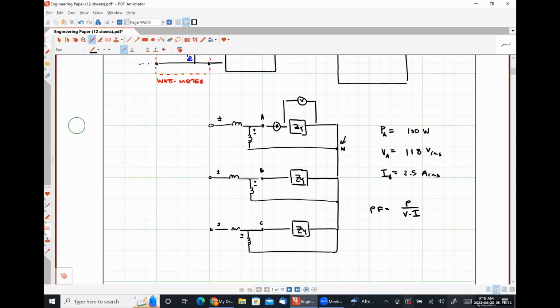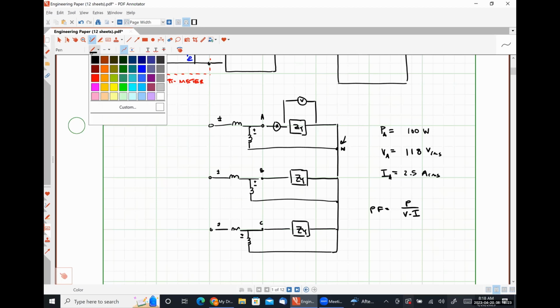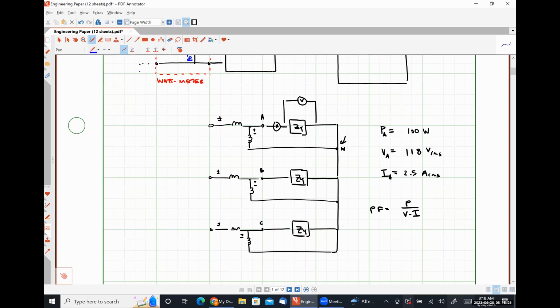So are you suggesting that we tie the 3? So let me rephrase. Right. But where's ground in a 3-phase system?